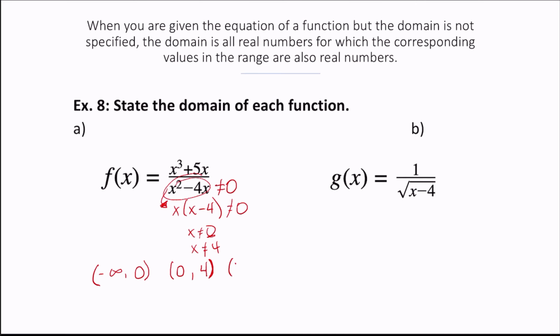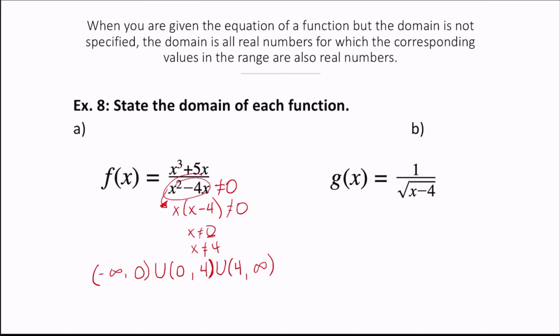And then we've got another part that starts at 4 and goes to positive infinity. So that covers all of the numbers from negative infinity to positive infinity, but doesn't include 0 or 4. And then in interval notation, we put a union symbol in between these to say that these are all together. They're all part of the same interval.